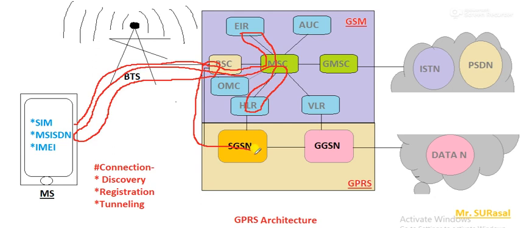Further, the communication will take place with the GGSN, that is the gateway GPRS support node. This GGSN will interact with the outside network, that is the public network. This is basically the role of the GGSN.